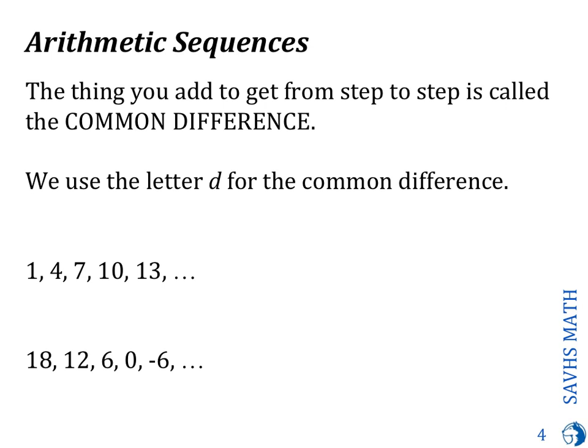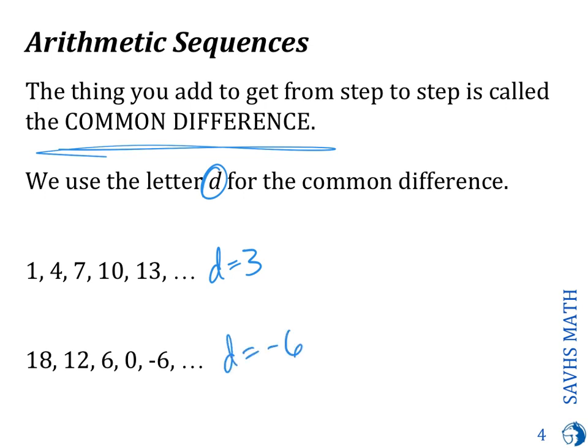And that thing that you add every step has a vocabulary word. It's common difference. When we are looking at these common differences, we use the letter D, D for difference. We said that D was 3 in this example, and D was -6 in this example.